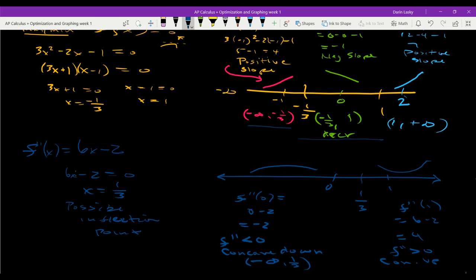So that makes a little bit of sense. Now at 1/3, we know that it goes from concave down to concave up. So what we have is a possible inflection point that goes from a negative to a positive. So it is a sign change. So this is an inflection point. This is the point where we go from concave down to concave up.